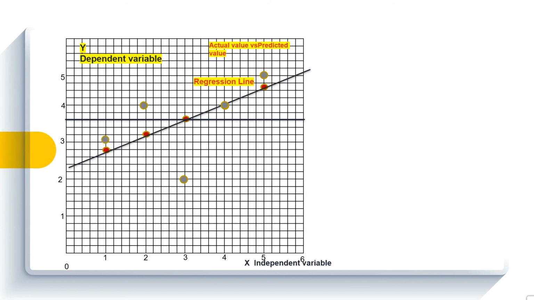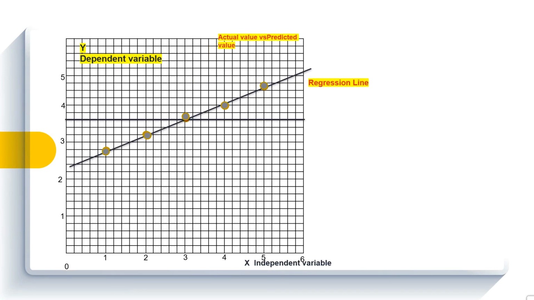When you increase the value of R-square to 0.7, you'll see the actual values are closer to the regression line. When it reaches 0.9, it comes even closer. And when the value is approximately equal to 1, the actual values lie on the regression line itself.